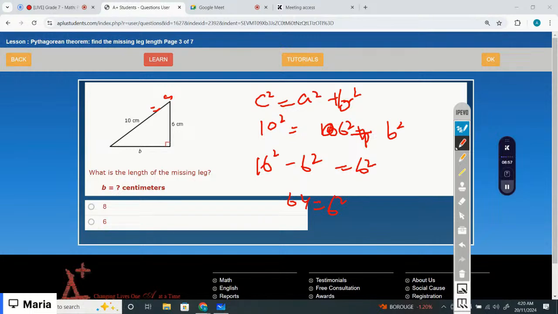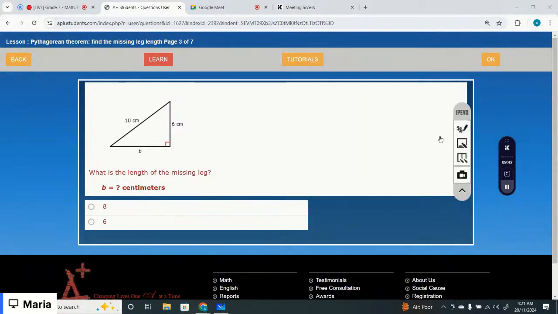B equals 8. Option number 1 is the correct option. Got it?